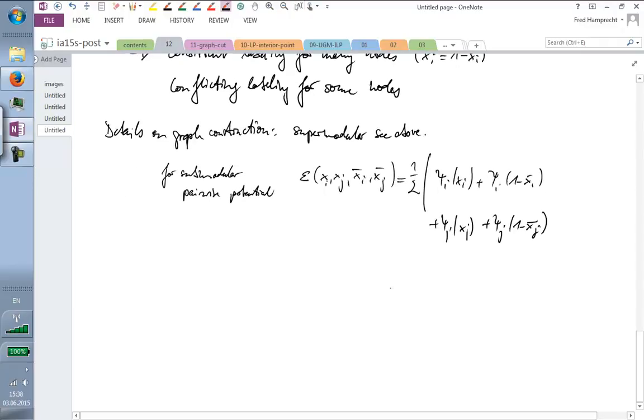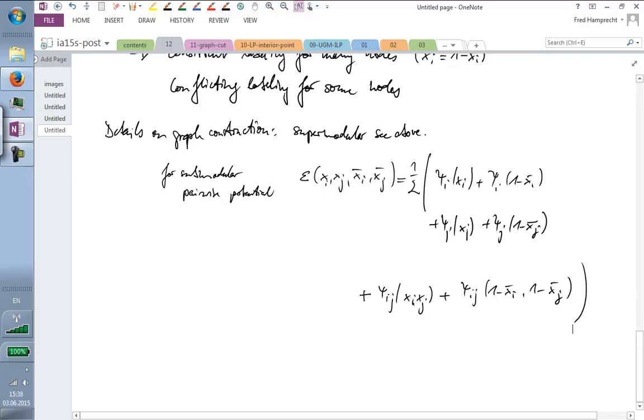Namely, it's going to be plus psi ij of xi and xj plus psi ij of 1 minus xi bar and 1 minus xj bar.